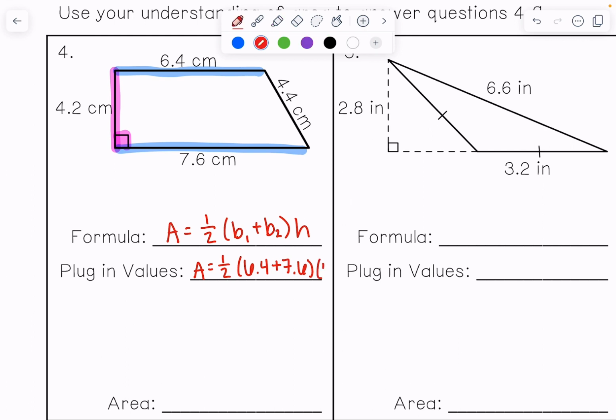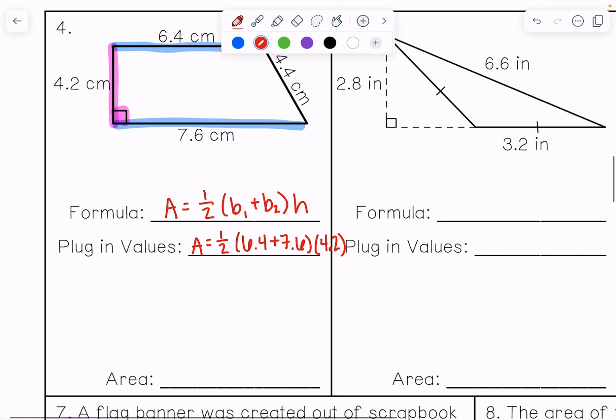So they gave us too many numbers here that we did not need. That's okay, because we got to make sure we remember how to do that. Type in your calculator, what answer do you get? And you should have 29 4/10 centimeters squared.